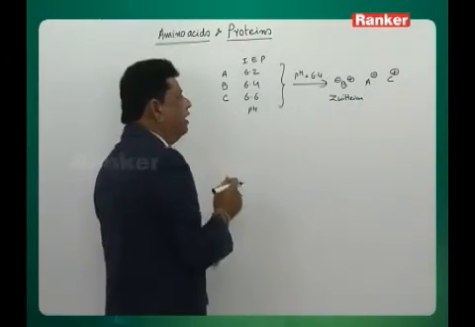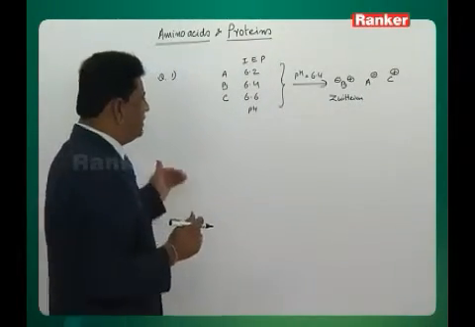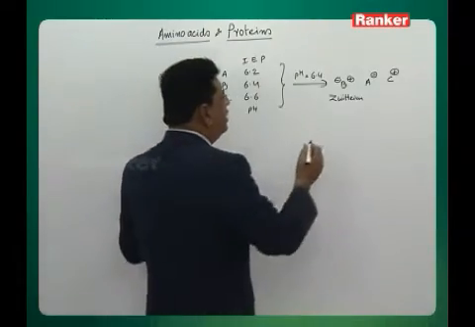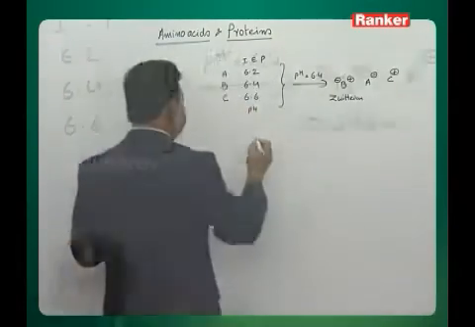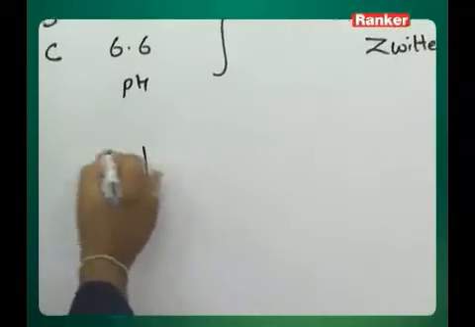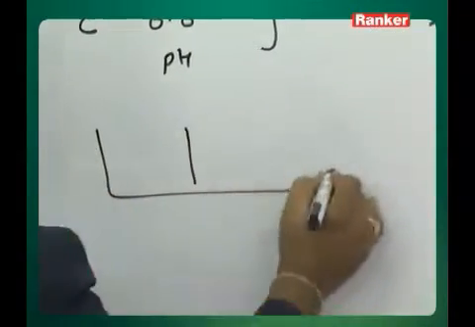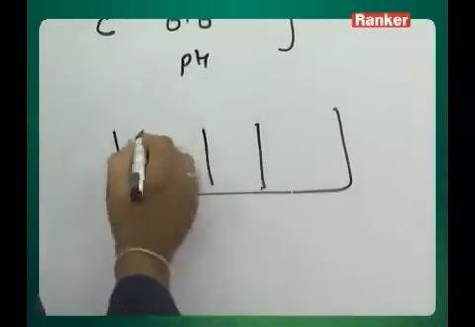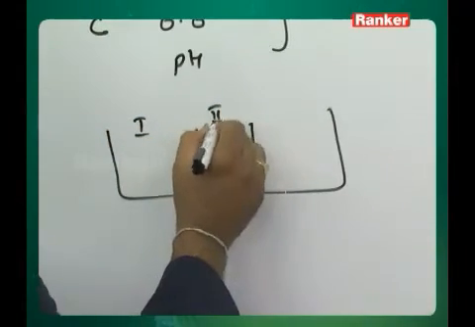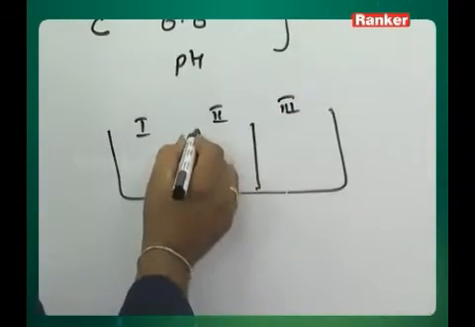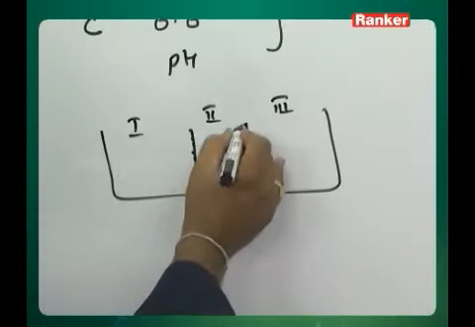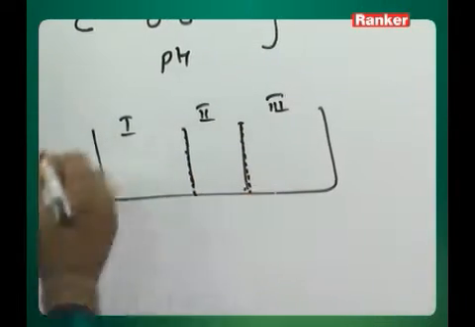Now, we have 2 different concepts or questions. Of these 3, I take a vessel which contains 3 compartments: first compartment, second compartment and the third compartment, separated with porous, that is semi-permeable membranes.